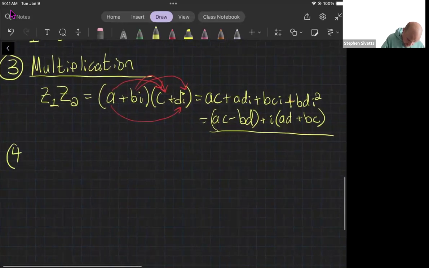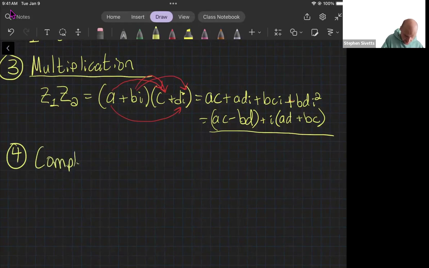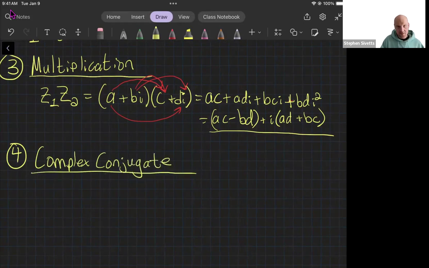Now, before I get into division, I need to refer to what's called the complex conjugate. This is the definition of the complex conjugate.